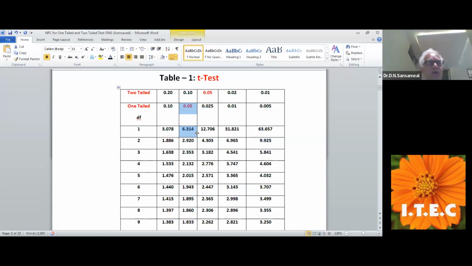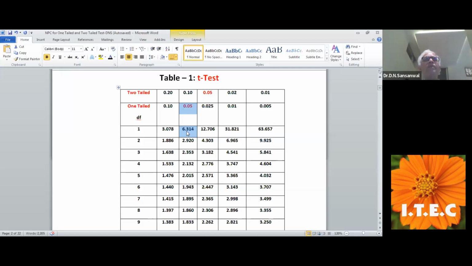So therefore your value, which is significant in the one-tail test, may not be significant in the two-tail test. You see here, if DF is 1, and if your calculated value is 6.314, then this value is not significant at the two-tail test, but it is significant at the one-tail test.